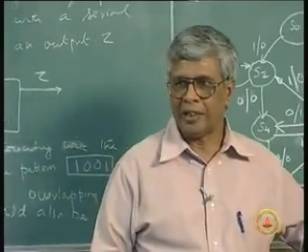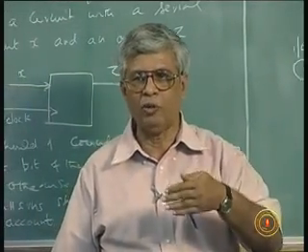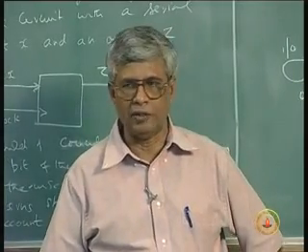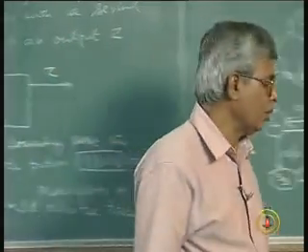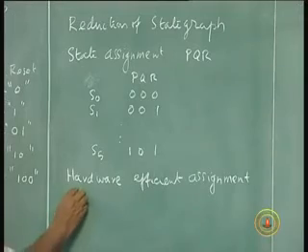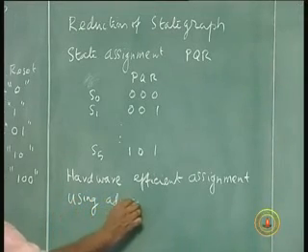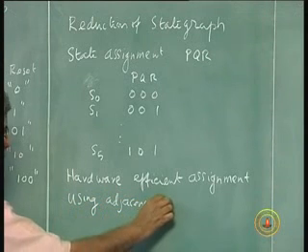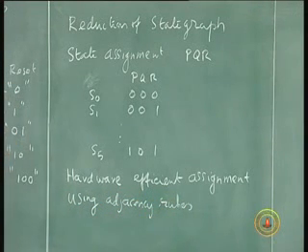Like that in binary assignment also, adjacent states are the states which differ in only one value of the state variable. Other state variables are the same. So use some adjacency rules. This is also possible. These are steps to reduce the hardware.